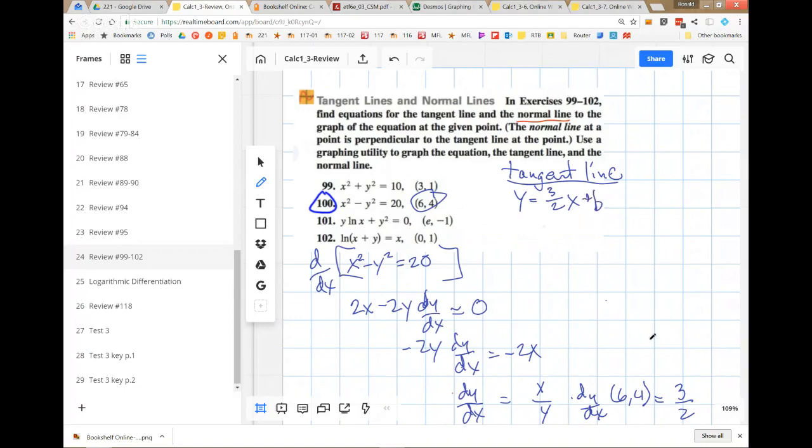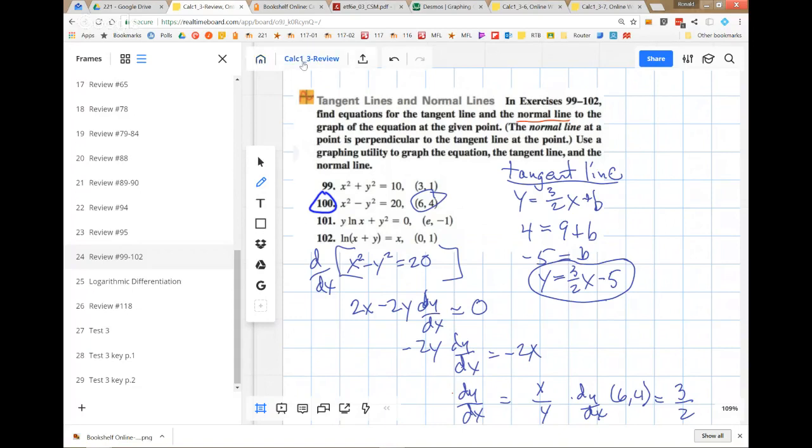Now plug in the point (6, 4), and plug in a 6 here. 2 cancels into 6 3 times. 3 times 3 is 9. So here is the equation of the tangent line. Okay.